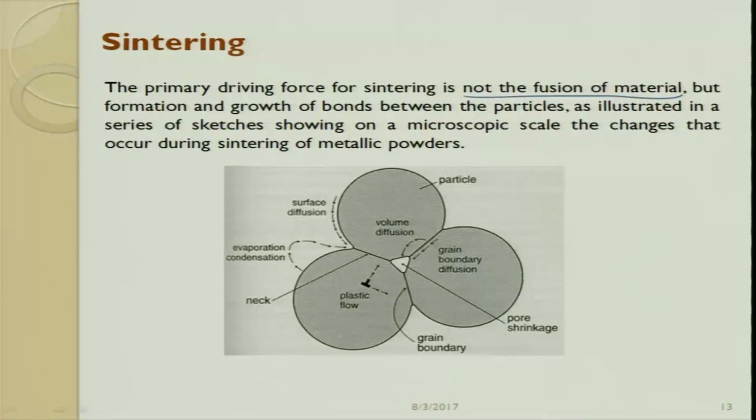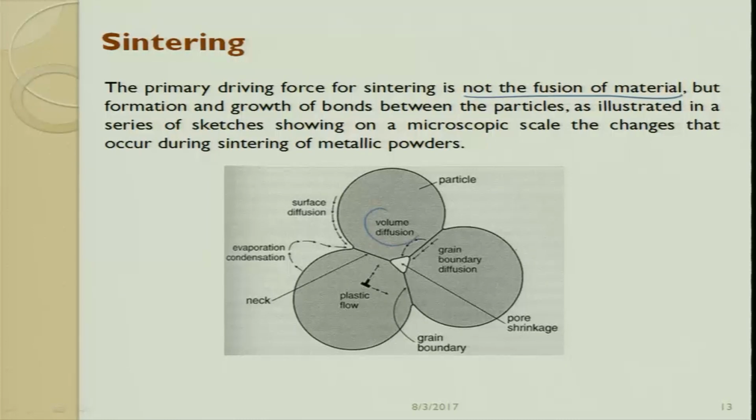The primary driving force for sintering is diffusion of material. If you look at this figure, you can see there is surface diffusion happening, evaporation condensation happening, and grain boundary diffusion happening. Here is volume diffusion, this is the grain boundary, and this is the plastic flow happening. All these phenomena happen during the sintering process.